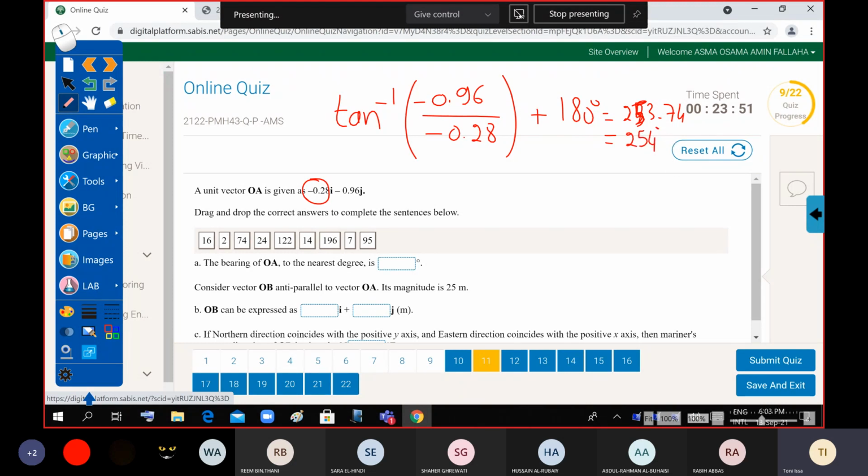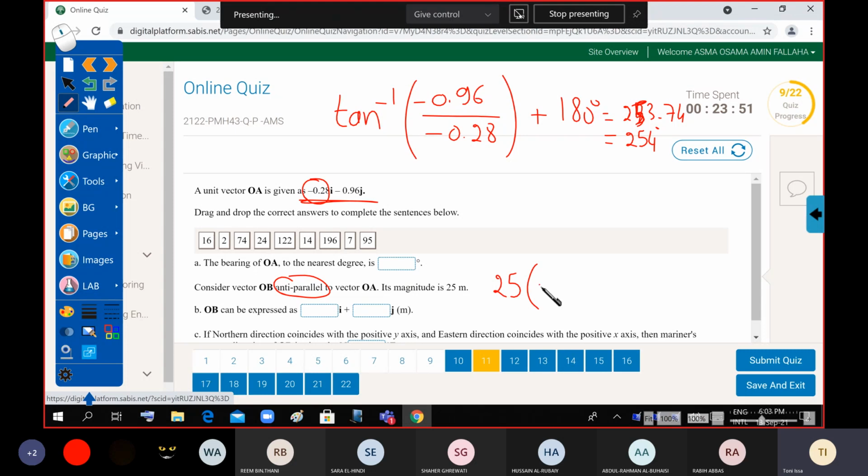Consider vector OB anti-parallel to vector OA. Its magnitude is 25 meters. OB can be expressed. Now, when I say anti-parallel, it means it's in the opposite direction. So simply here, look what you do. You multiply it by, because this is a unit vector, it's giving me direction. But because they said anti-parallel, it means it's opposite.